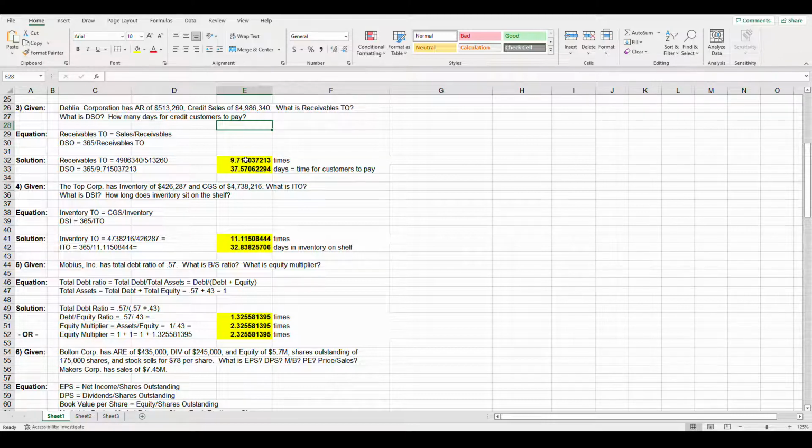So I just take sales over receivables, and then I divide that number into 365 to get my days sales outstanding. So let's work through the givens. I'm going to take sales of 4,986,340 divided by my receivables of 513,260 to get a receivables turnover of 9.7 times. I turn my receivables into sales 9.7 times per year.